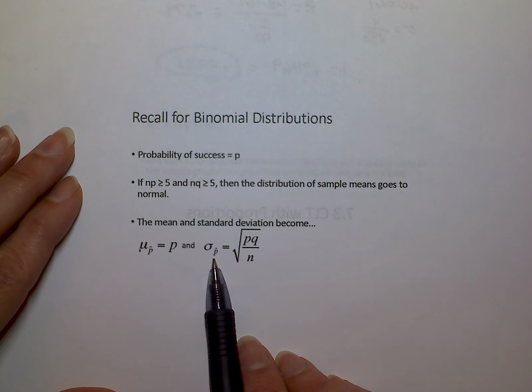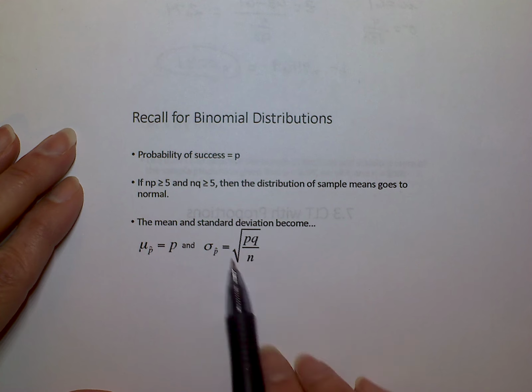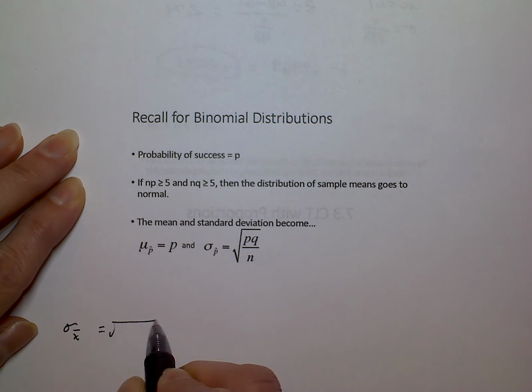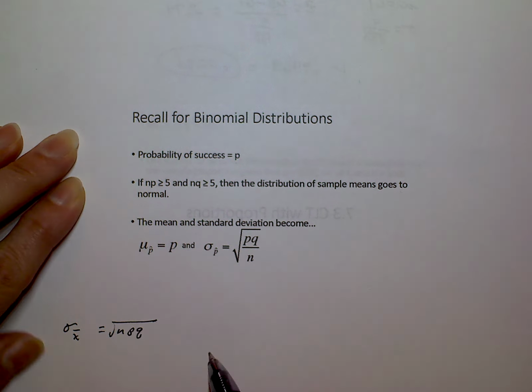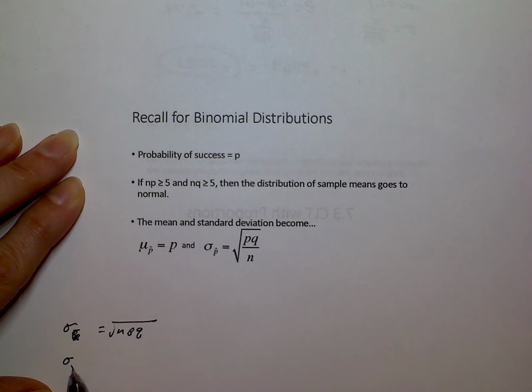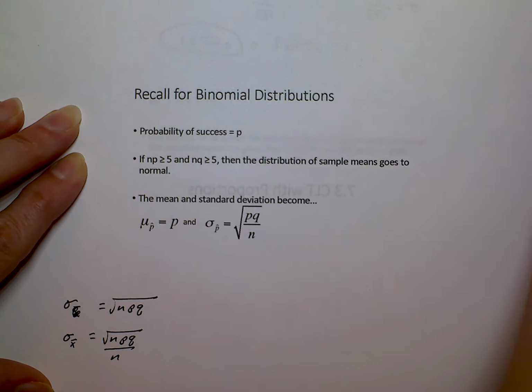Sigma sub P hat comes from the same idea as before. Remember, sigma was the square root of NPQ, and when we did x bar, we took this and divided it by n. Here we go.